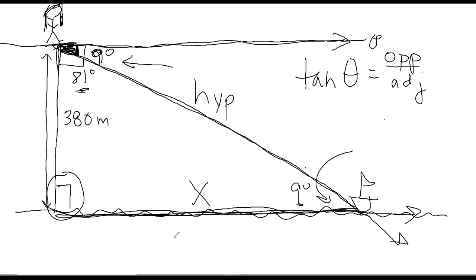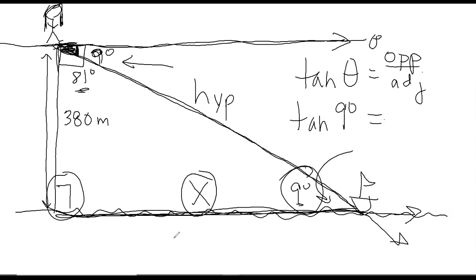So do we use the 9-degree angle or do we use the 81-degree angle? Well, we can use either one. Let's use the 9-degree angle. Let's use this angle down here. If we say the tangent of 9 degrees, what's opposite the 9 degrees? Which side? Is it x?